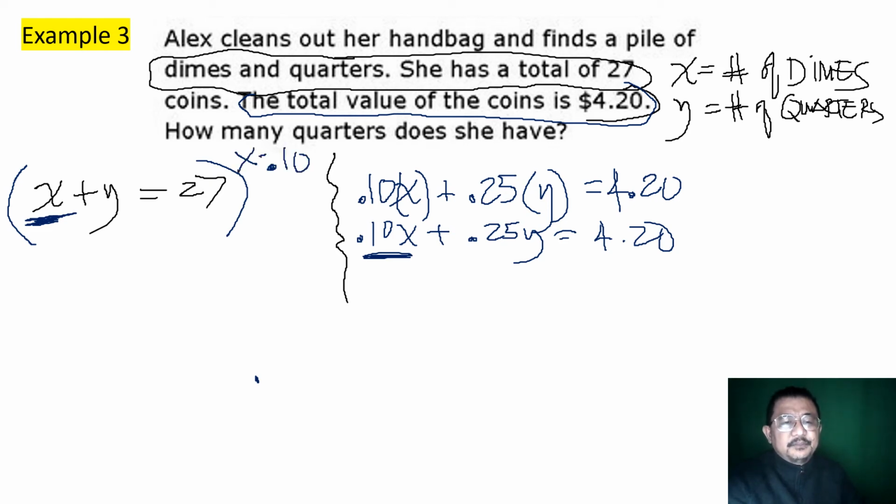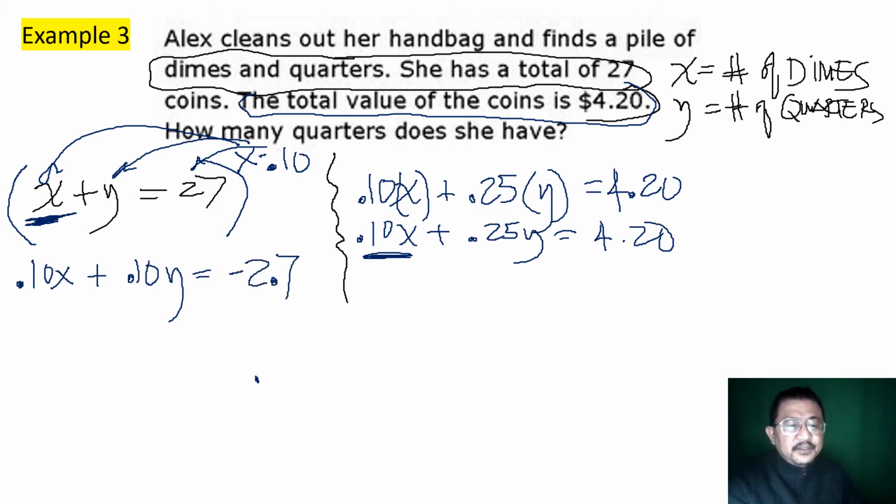All right, let's multiply each. That becomes negative 0.10x minus 0.10y equals 27 times negative 0.10, which is negative 2.7. Oh, by the way, this is negative, negative, right? Because we multiplied everything by a negative. All the results are negative, right?